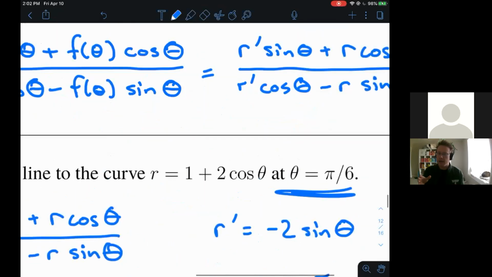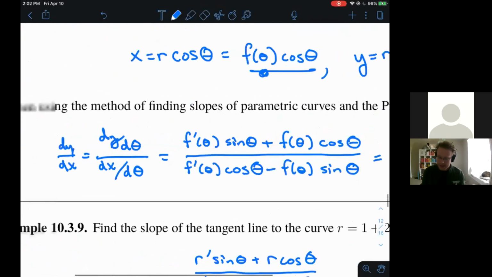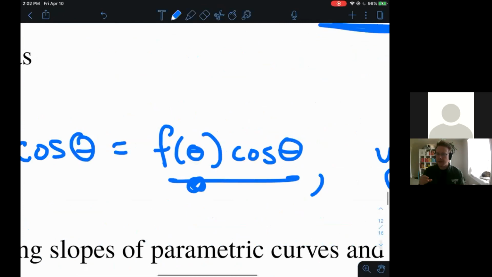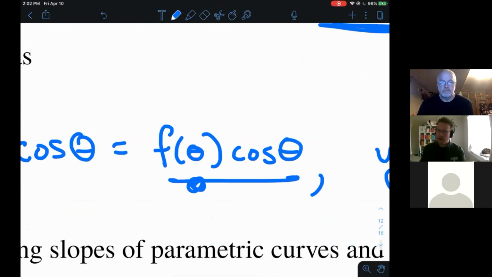We take that r equation and substitute it into the x equation, so we have an equation that only has thetas in it. We put in 1 plus 2 cosine theta or something like that for r, and then multiply by cosine, and there we are.